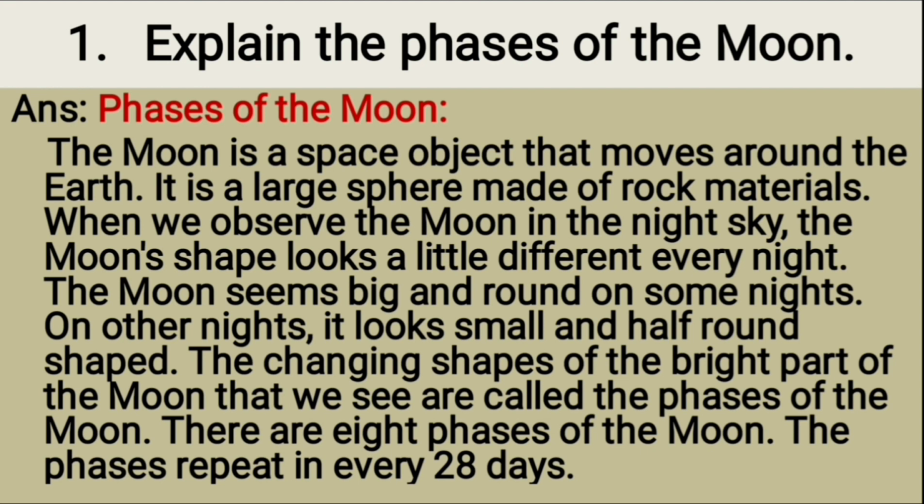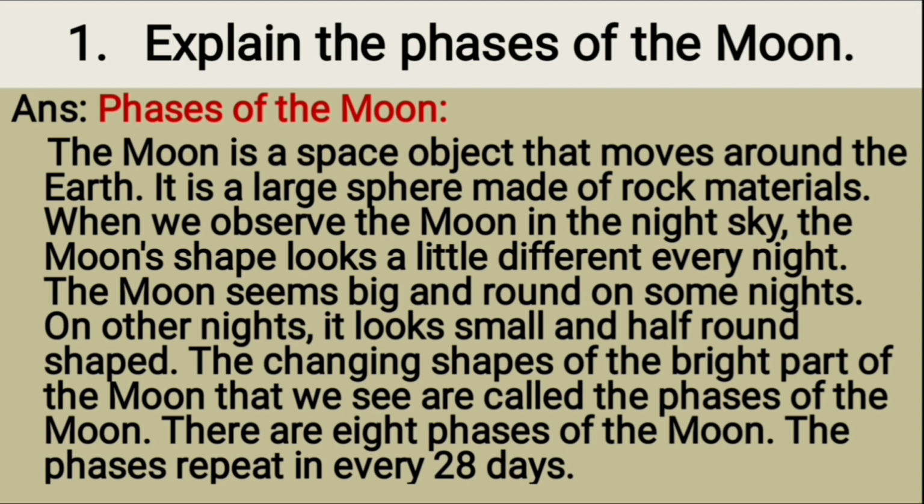When we observe the moon in the night sky, the moon's shape looks a little different every night. The moon seems big and round on some nights. On other nights, it looks small and half round shaped. The changing shapes of the bright part of the moon that we see are called the phases of the moon.